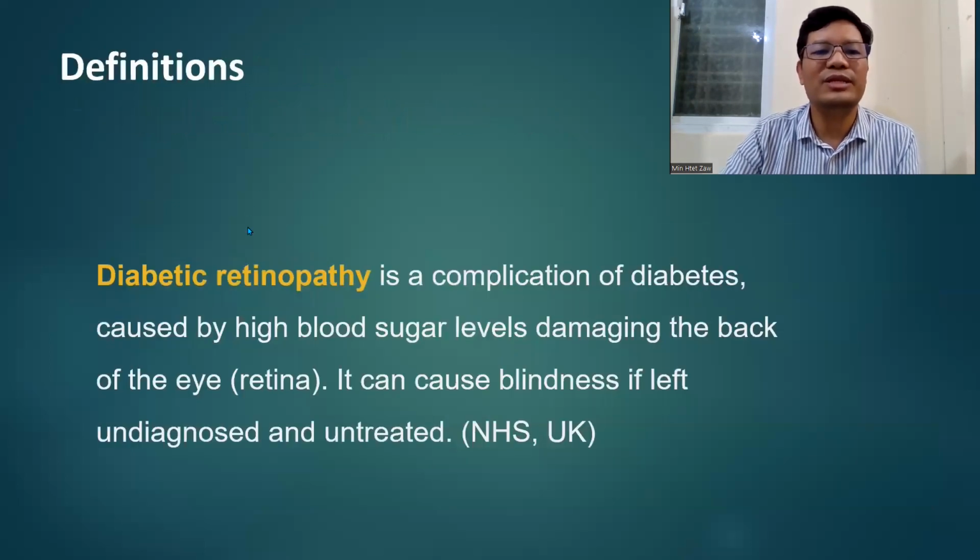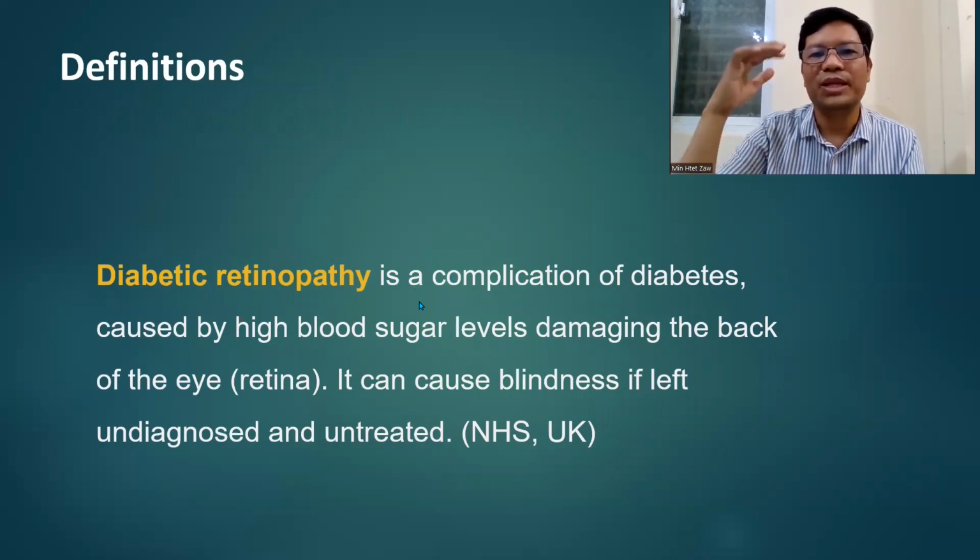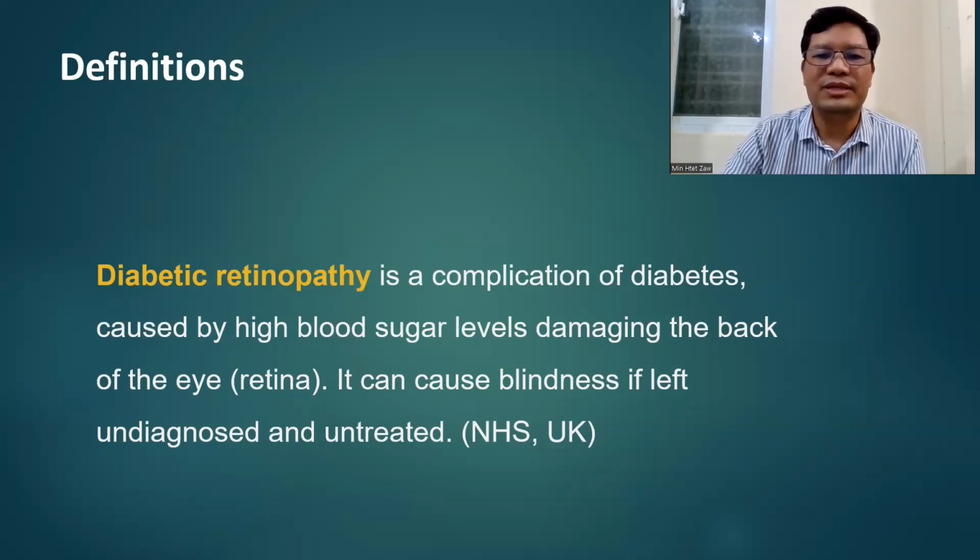So to start with the definition of diabetic retinopathy, according to NHS UK, it is a complication of diabetes caused by high blood sugar levels damaging the back of the eye, that is the retina. It can lead to blindness if left untreated.